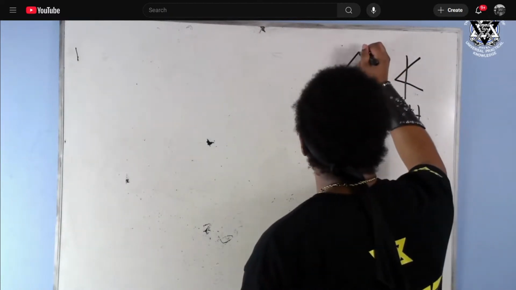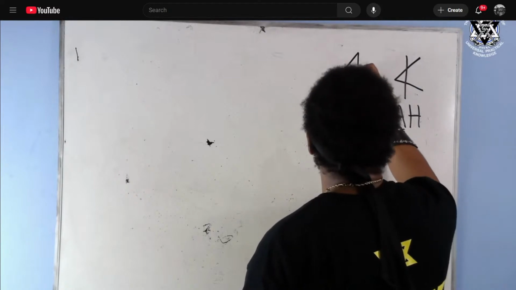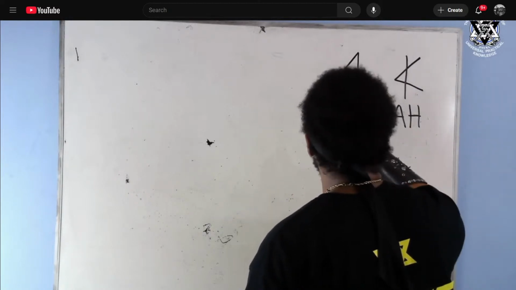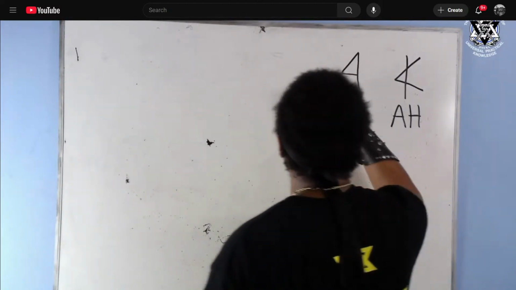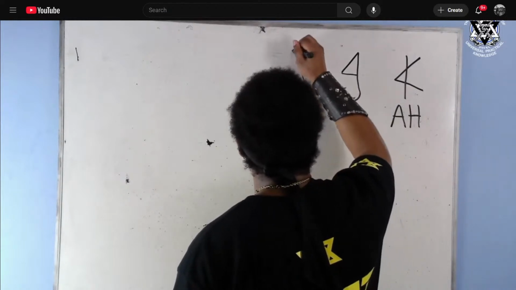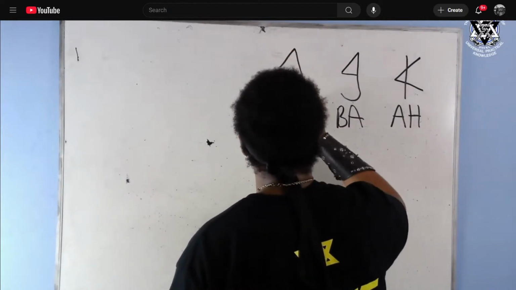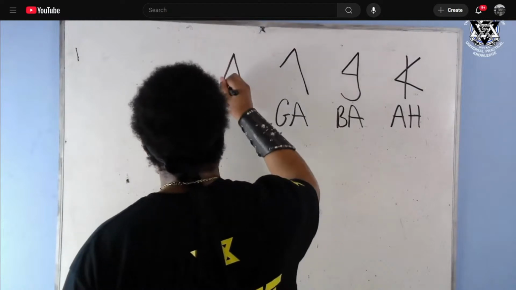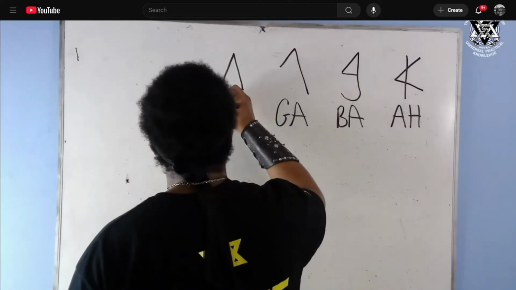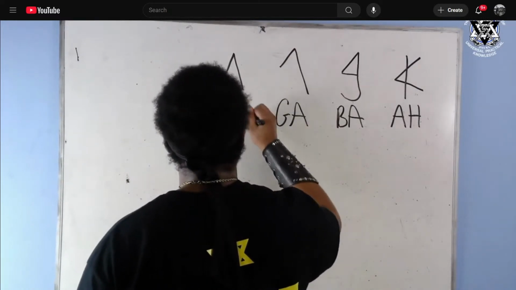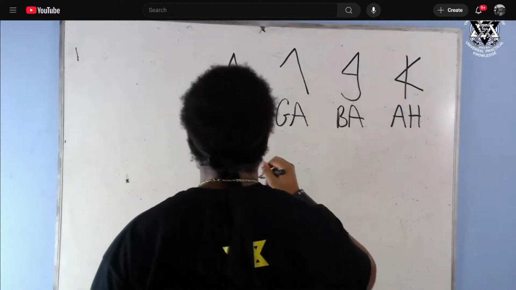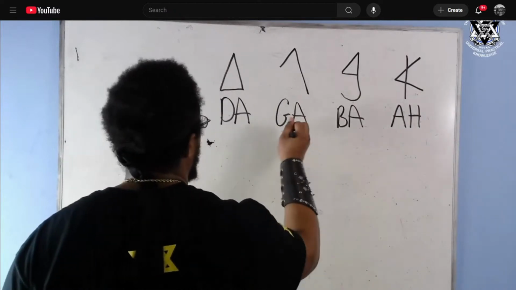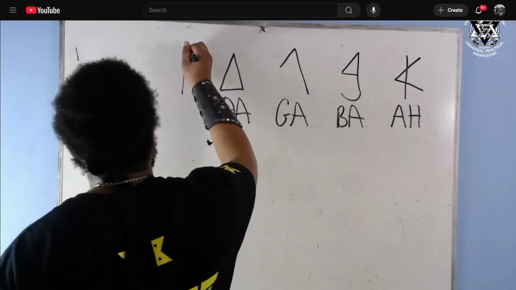Then we got Ba. Then we got Ga. And of course, we got Da. We got Ba, Ga, Da, Ha.